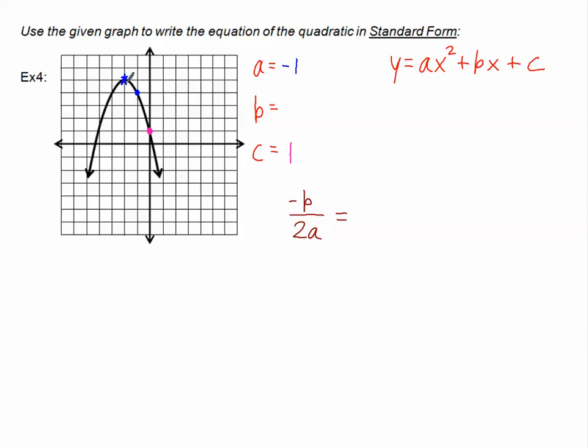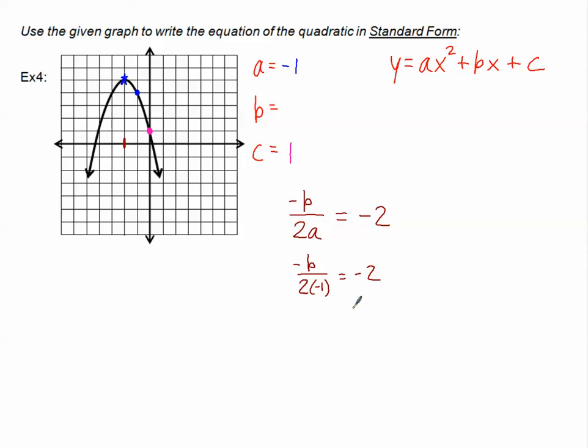So our vertex has an x-coordinate of -2. Since the x-coordinate of our vertex is -2, we know that the opposite of b divided by 2a will be equal to -2. And here's our equation. Now obviously we still have 2 variables in our equation, but we already know what one of them is. Since a is -1, this now becomes the opposite of b divided by 2 times -1 will equal -2.